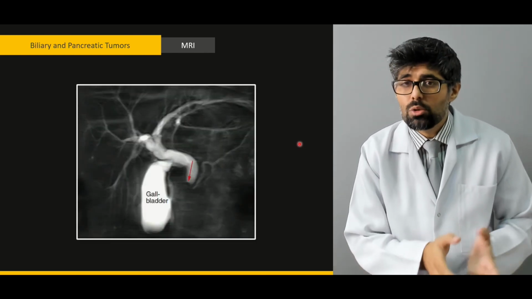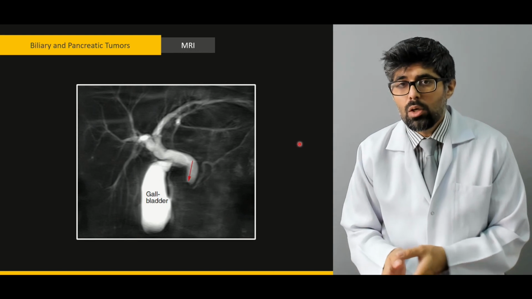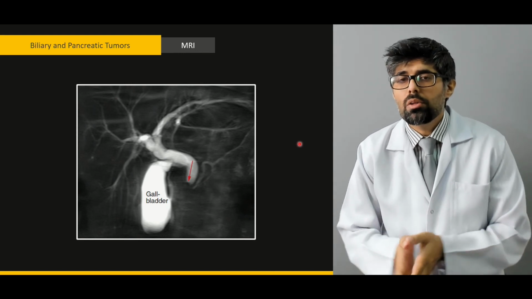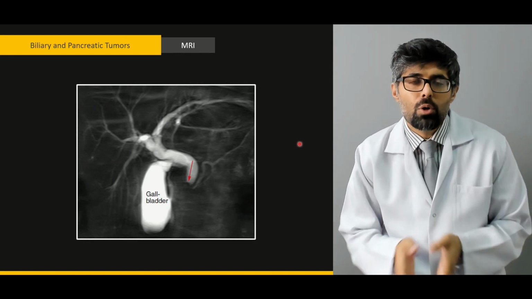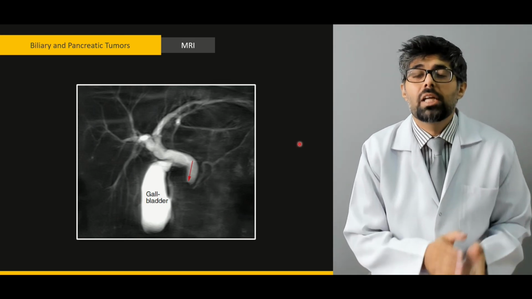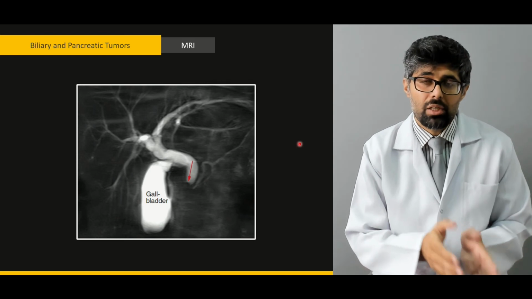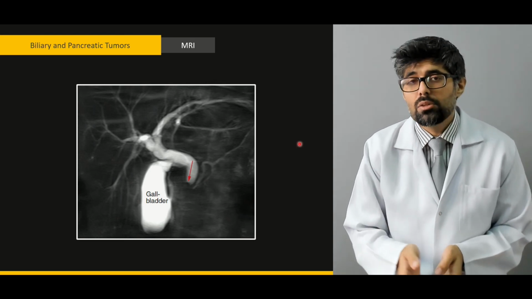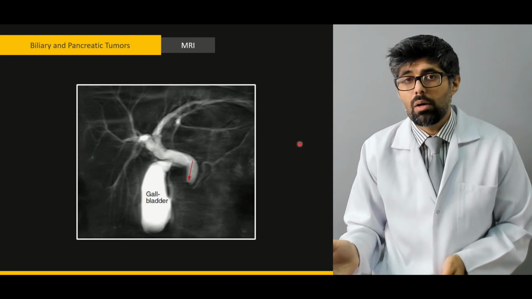Now, another way we can visualize these biliary and pancreatic tumors is through an MRI. As you might recall, one of the most important studies of the hepatobiliary system is an MRCP, or magnetic resonance cholangiopancreatogram.